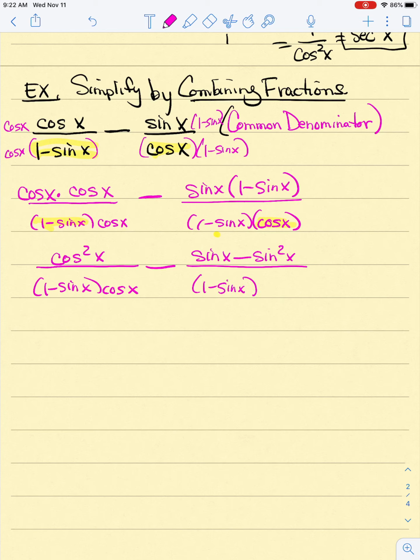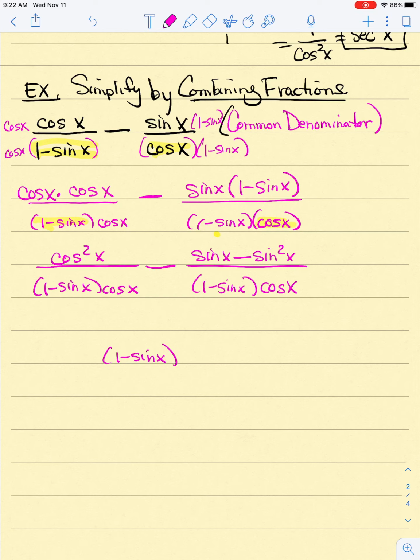The only thing I can say about this, sometimes I feel like you get writer's cramp. Okay, all right, now let's combine the fraction. So on the bottom, we're going to keep 1 minus sine x times the cosine x. On the top, cosine squared x.